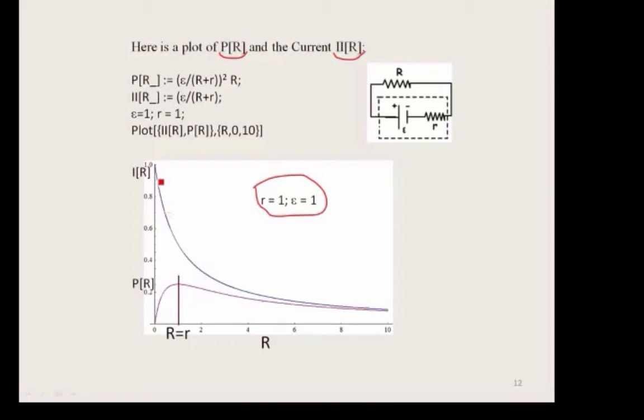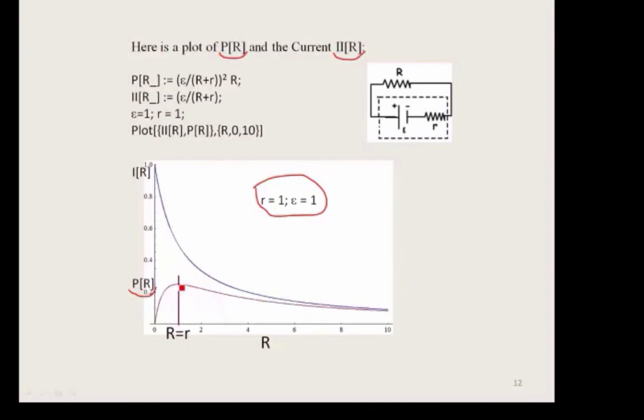So as you might expect, you have this at 0 R. This is the value of the current, which is limited by little r. So that's why we have this value here. So it drops as you increase capital R, as you might expect. This is the power that's being made into heat at the resistance R. And what you see is that it comes up to a maximum and then it decreases.